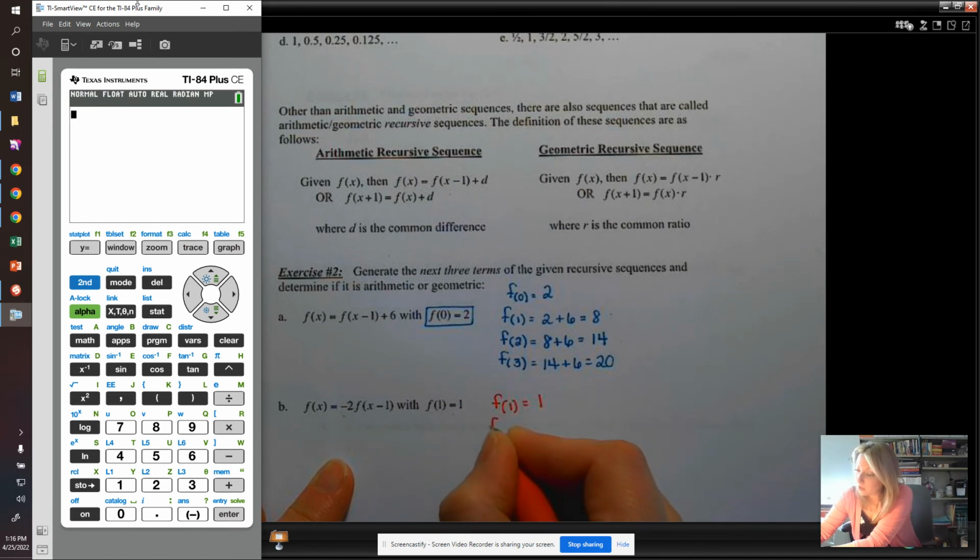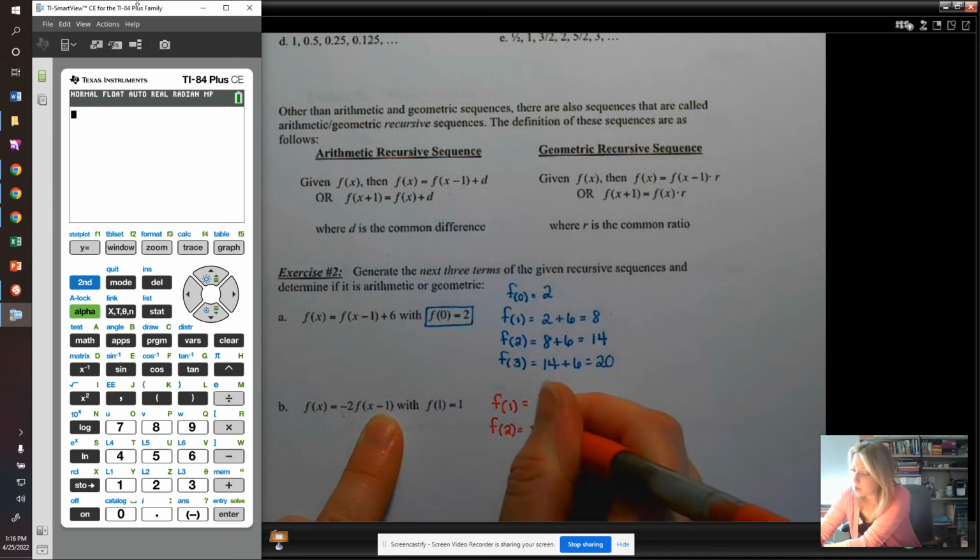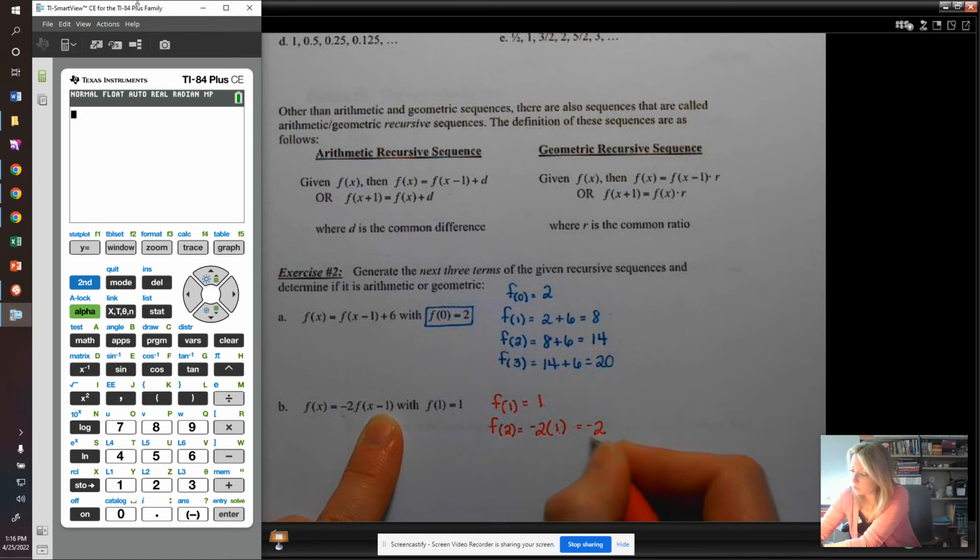Now to figure out any subsequent terms, I take the previous term and multiply it by -2. So what's -2 times 1? It's -2. Now I use this term to find the next term. I take -2 times that term, and I get +4.